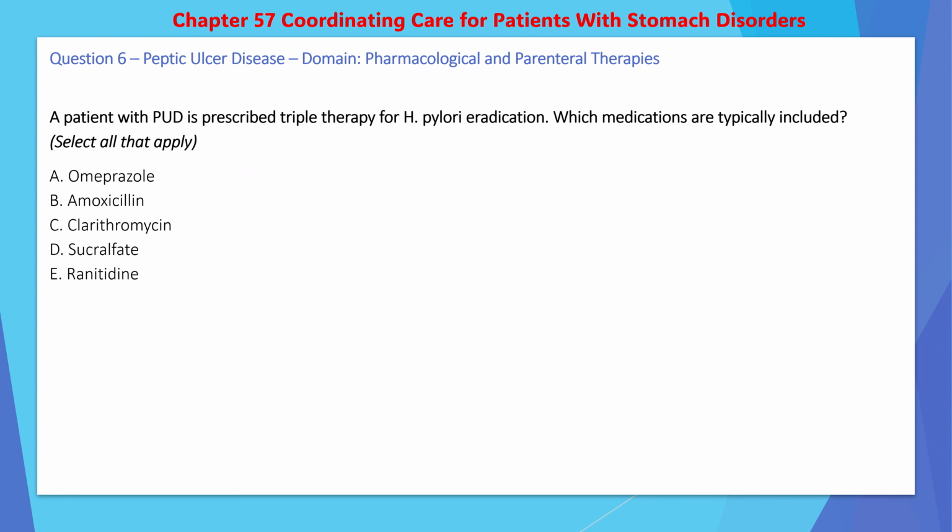Question 6. Peptic ulcer disease, domain: pharmacological and parenteral therapies. A patient with peptic ulcer disease is prescribed triple therapy for H. pylori eradication. Which medications are typically included? Select all that apply.